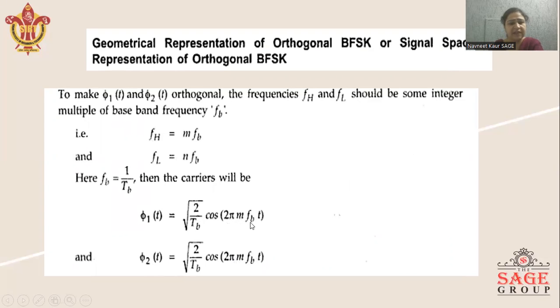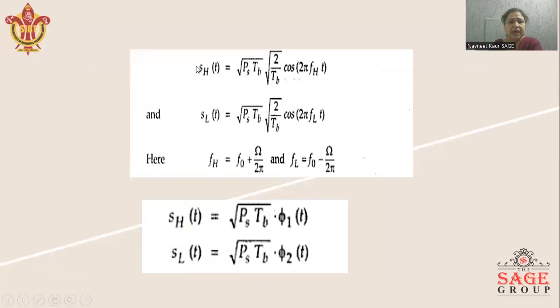So here we have taken FH as MFB and FL as NFB. So SHT will be root PS TB, and this is the carrier, and SLT will be root PS TB root 2 by TB cos 2 pi FLT. Now substituting the value of phi1t and phi2t, we will get SHT as this and SLT as this equation, which is root PS TB phi2t.